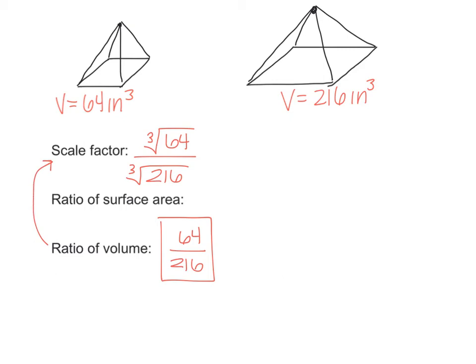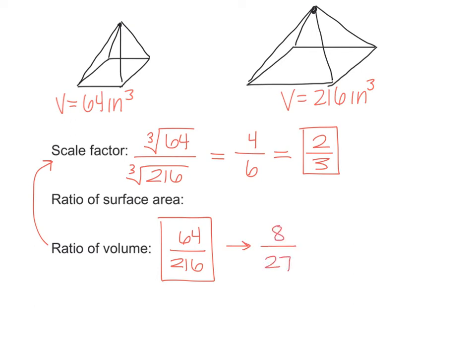If you were going to go from area to the scale factor, think about what you would do, right? You would just square root it. So I would see here that the cube root of 64 is 4, and that the cube root of 216 is 6. And so I can reduce that, and I get 2/3. All right. So if we had reduced our ratio of our volume, you would see that it would be 8/27.